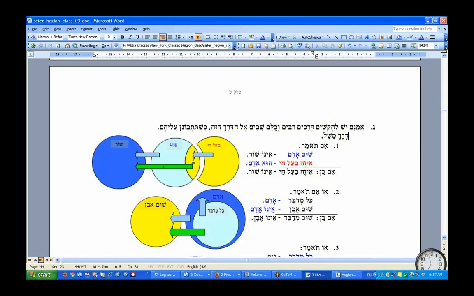Now, in the second statement, the inclusion is in the predicate. He says, Kol Medaber Adam, but he says, Shum Even Eino Adam. So Kol Medaber Adam now became the predicate. All speakers are man. Now we're going to tell you something about men.